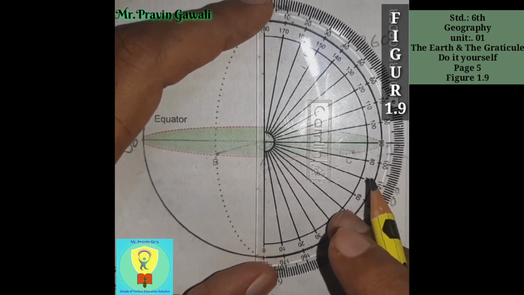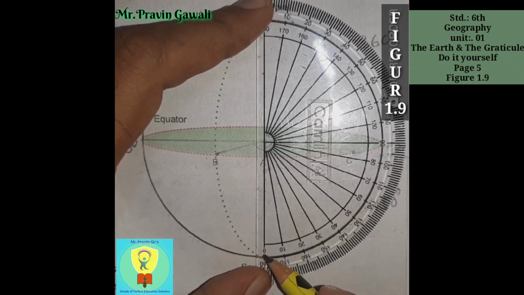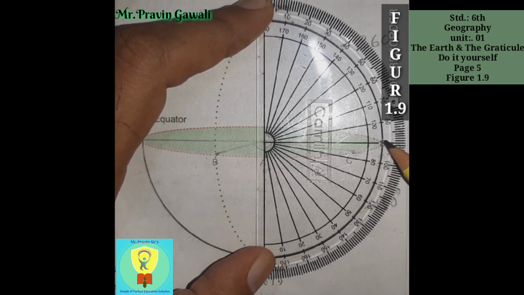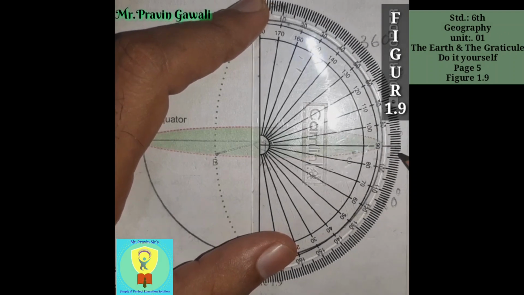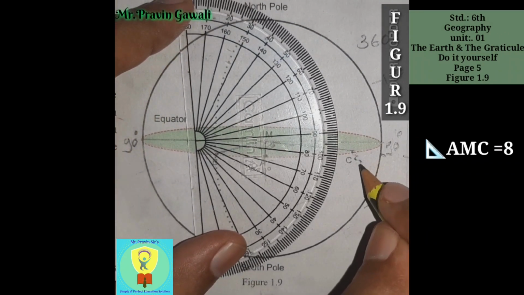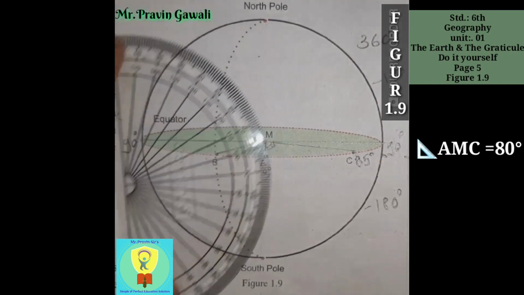If we see from here, point A is 0 degree, then 10 degree, 20, 30, 40, 50, 60, 70 and 80 degree. So point C is in between 80 and 90 degree. So it is how much? 85 degree. We have to write 85 degree here as per the instruction.